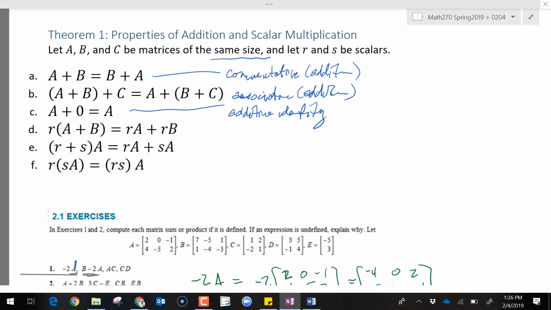When you're adding a matrix like 0, this 0, by the way, is a 0 matrix. It's not a number. It's an actual matrix of the same size as A. And so when you add 0 to something, you're going to get the original thing. It's called additive identity. Here are a couple of distributive properties.